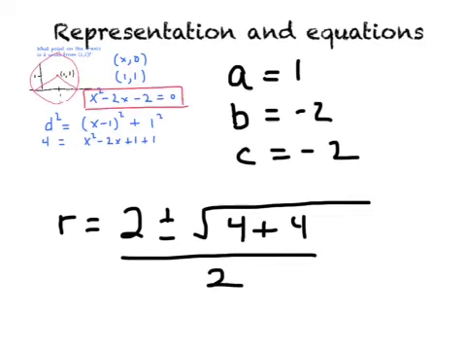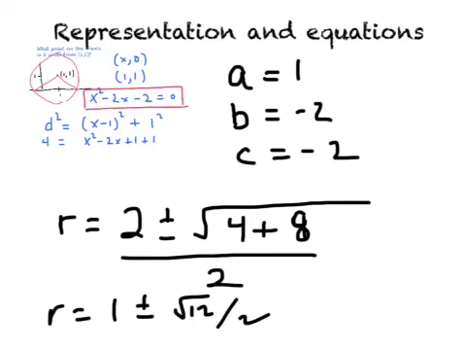We've got b squared minus 4ac. Actually, we should have an 8 here. This should be an 8. So that gives us x equals 1 plus or minus the square root of 12 over 2.